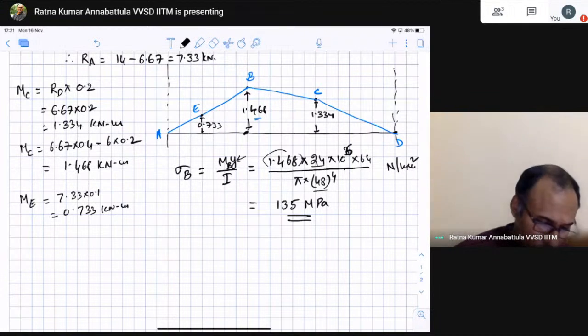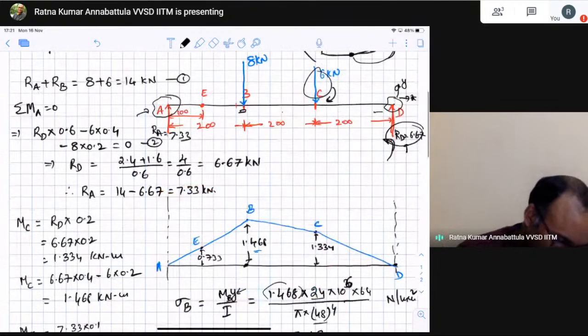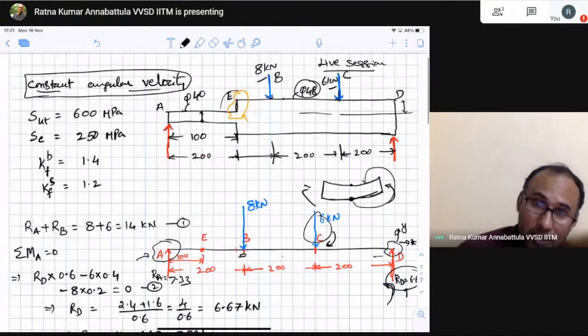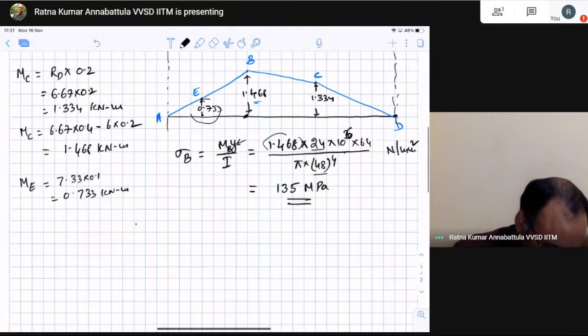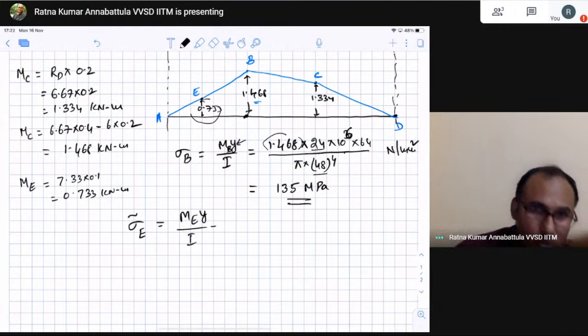Should we be happy with that, or, because of the fact that there is stress concentration here, your actual bending moment may be less, but because of the stress concentration, you may have a higher bending stress. So let us first calculate at sigma E the uncorrected bending stress, which will be My by I, right?